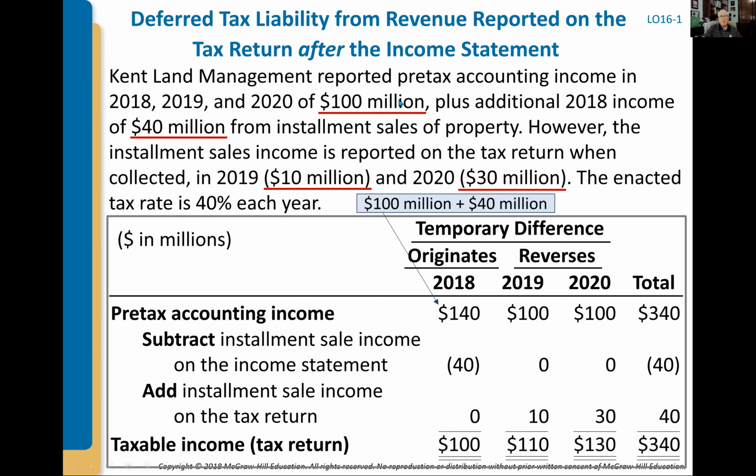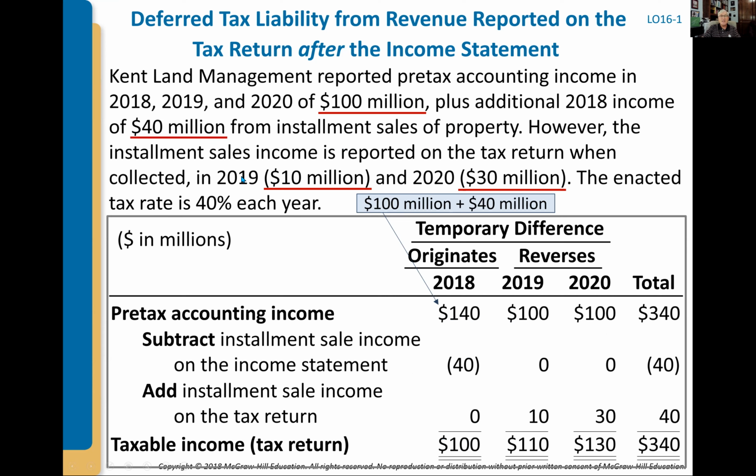For this example, there is one difference, and that is a $40 million installment sale. Let's just assume the base income in all 3 years, except for this installment sale, was 100, 100, 100. I'm looking at the book side now. But they had this $40 million installment sale that got reported on the book side, but not reported on the tax side. So that's a difference of 40 million.